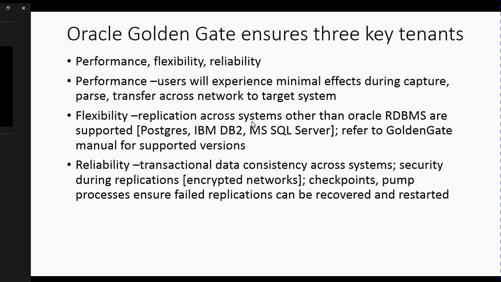And also reliability. When I say reliability, I'm referring to the transaction data, going with what I covered earlier on how the data is captured, formatted, and transferred over to the target system. The GoldenGate software ensures that you have data integrity, transactional consistency, and consistency in the reading of the database.